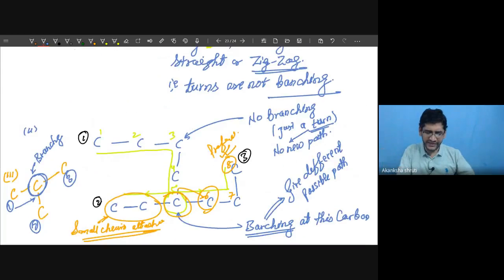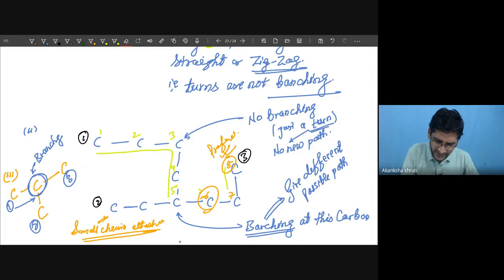But in case of branching, we observed that at this carbon 5 I had 2 possibilities, either this way or this way. These were the two possibilities.